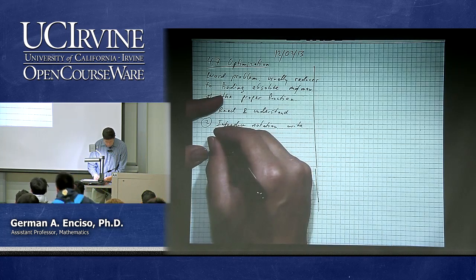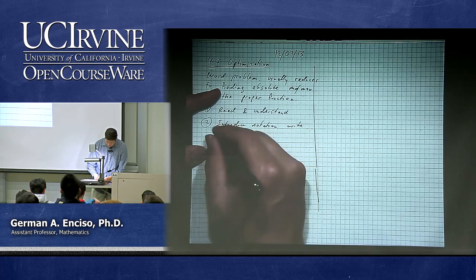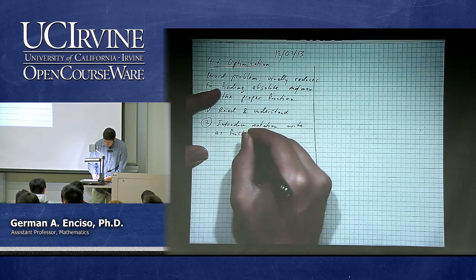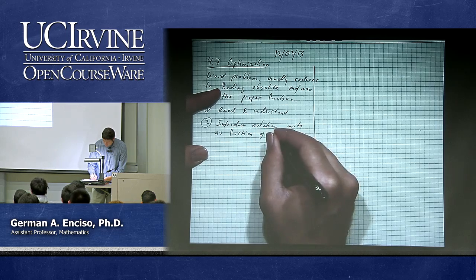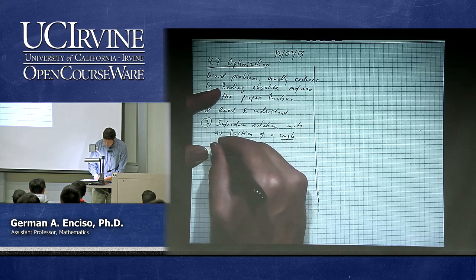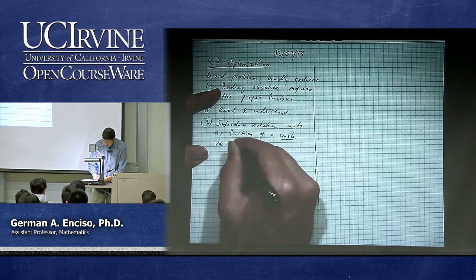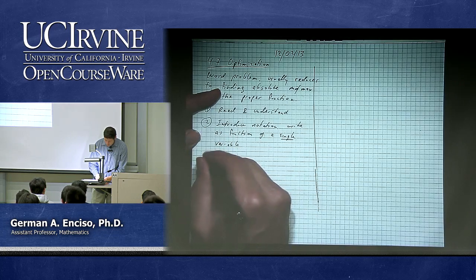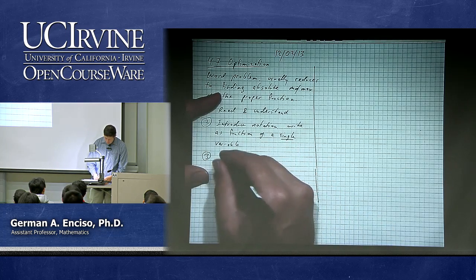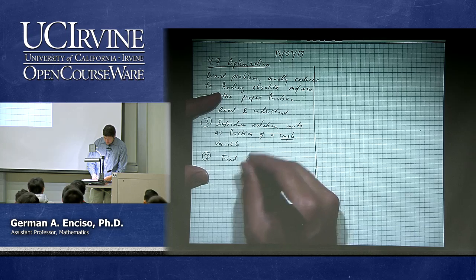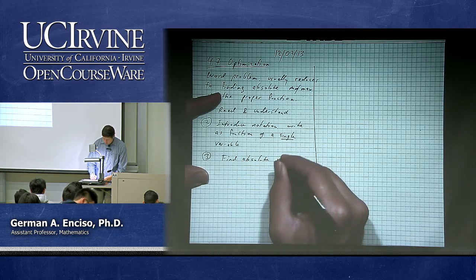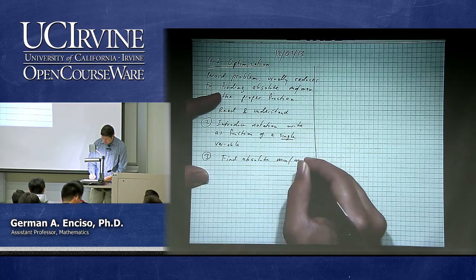Write as a function of a single variable. Sometimes what you want to optimize is a function of multiple things. You have to get rid of them. We'll talk about that in a moment. And then find the absolute minimum or maximum.